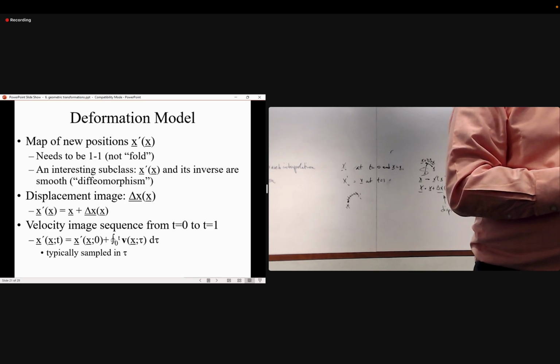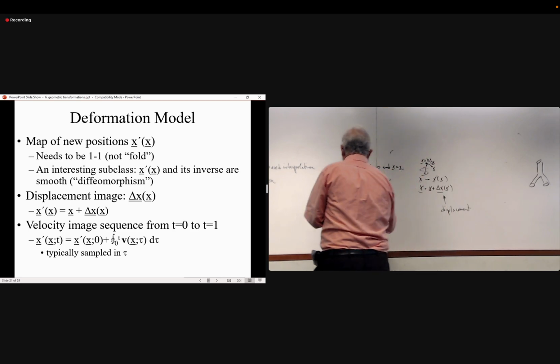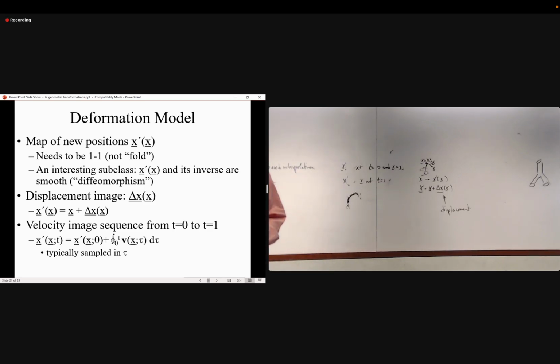If we multiply the velocity times delta t, we'll get this vector, then this vector, and then this vector. And when we integrate, a so-called line integral along that, we will get the overall transformation from xi to xi prime.